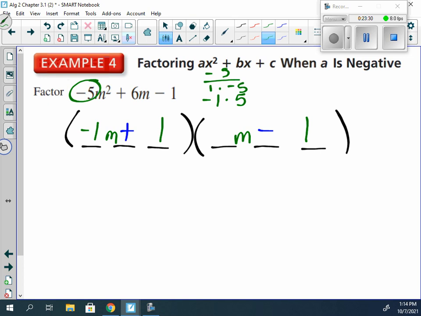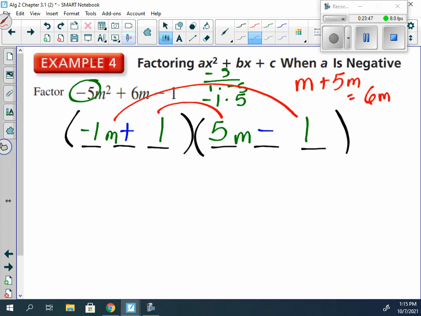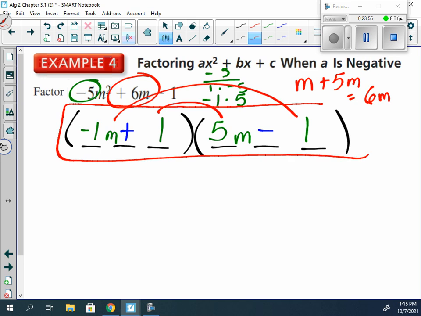So we can do -1 and 5 and then check it. Well, -1 times -1 would give us m. 1 times 5m would be plus 5m, which is 6m. Is that what we wanted? Well, yes, so this here is the correct answer.